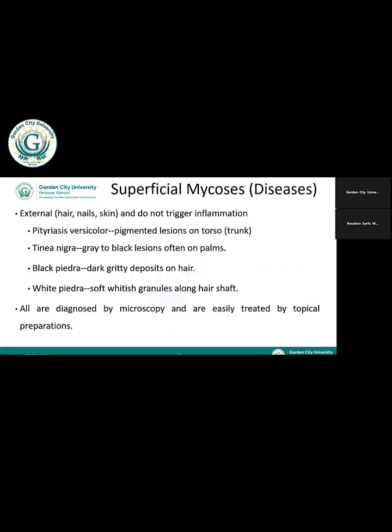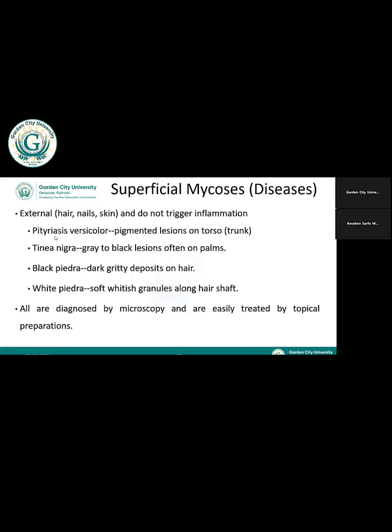So superficial mycosis, we can have it on the external part of the body, and then the skin, unlike the cutaneous, the subcutaneous, and then the systemic.